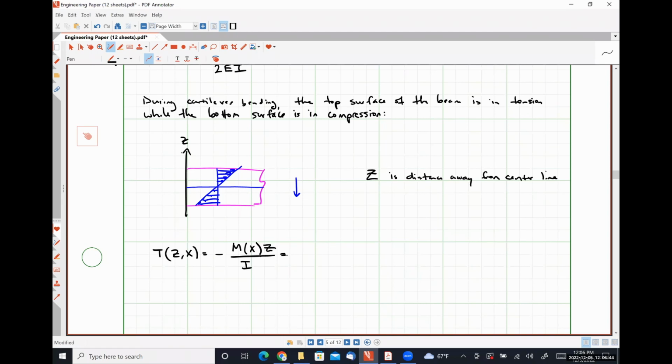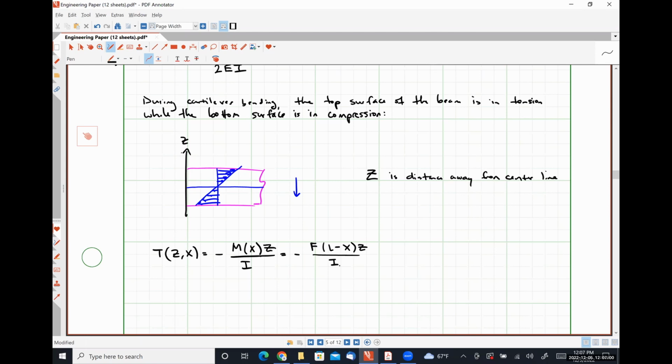Substituting in our expression for M, this gives us negative F times L minus X times Z over I.